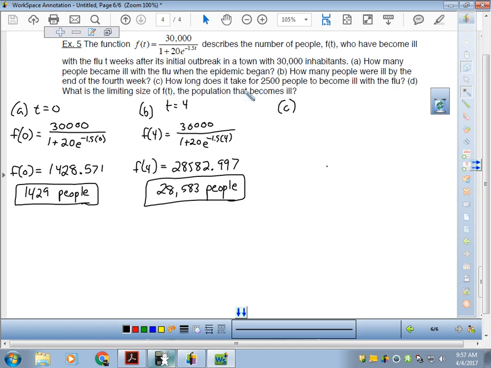Part C asks, how long does it take for 2,500 people to become ill? So this time they gave us an amount, so we're going to plug it in here for the f of t. So 2,500 equals 30,000 over 1 plus 20 e to the negative 1.5t. What we're going to do is multiply both sides by that 1 plus 20 e to the negative 1.5t.